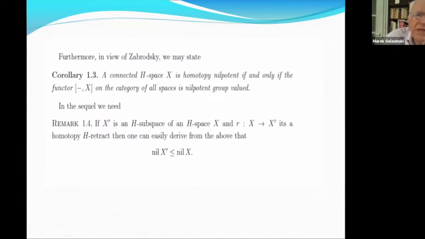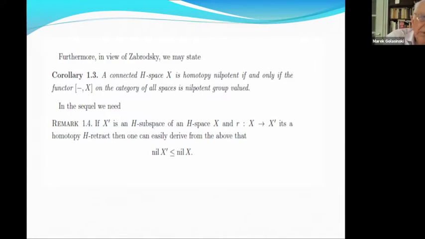Also, there is a result by Zabrodsky, which states that a connected H space is homotopy nilpotent if and only if this contravariant functor determined by a homotopy Hom of the category of all spaces is nilpotent group valued. This is a generalization of what we observe for homotopy commutative groups.